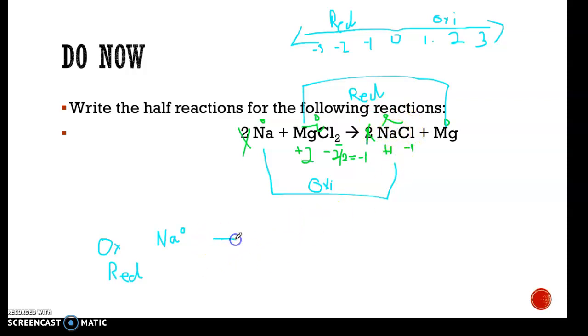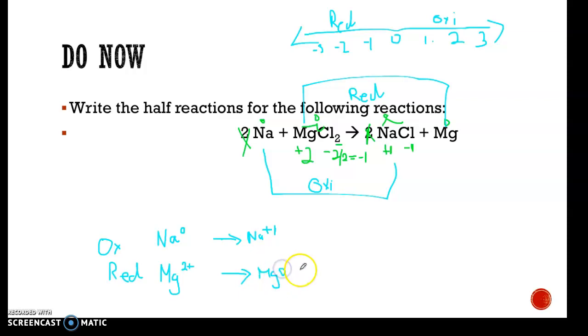So we're going to go ahead. I'd like to leave a little space because I might have to use that. Na +1. I'm going to do the same thing with magnesium. Magnesium on the left has an oxidation state of +2 or 2+. And then yields on the right side, it has an oxidation state of 0.